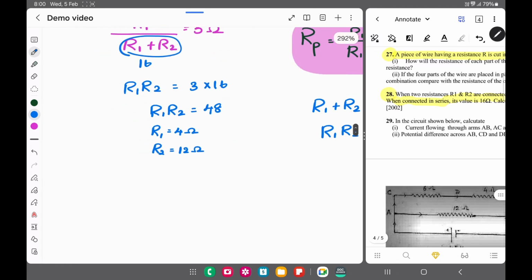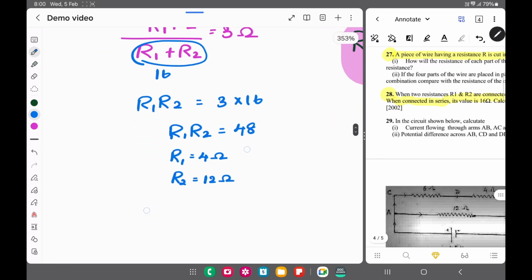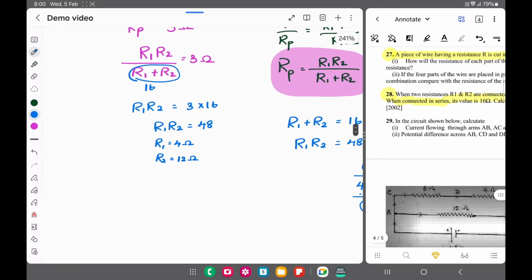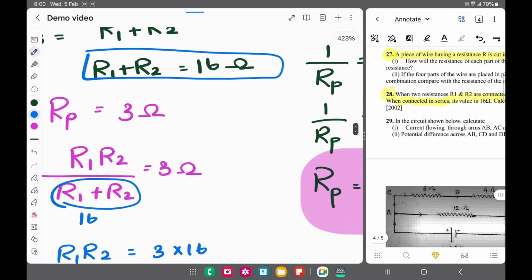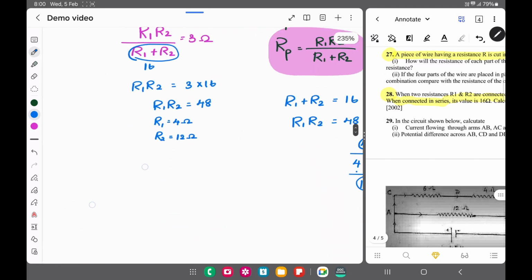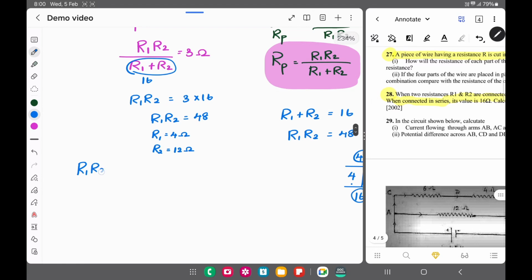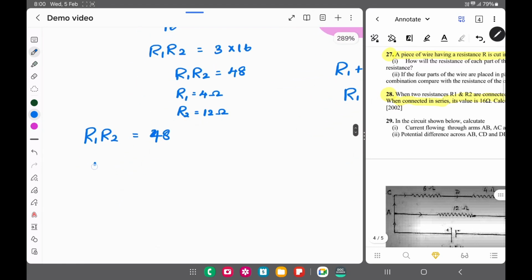If you want to write it with steps, you can follow the quadratic equation method. How? R1 plus R2 is 16 ohm, so instead of R2 I can write it as 16 minus R1. Am I right? What we finally got is R1 R2 is equal to 48. So instead of R2 we can substitute 16 minus R1, R1 times (16 minus R1) is equal to 48.